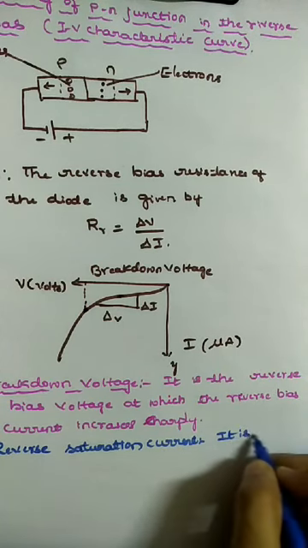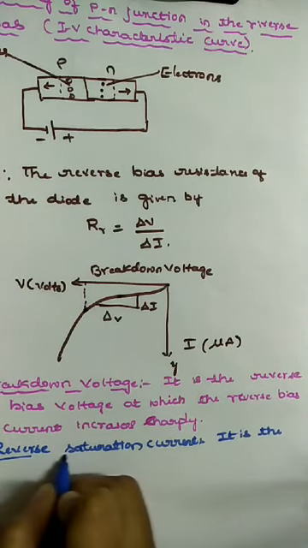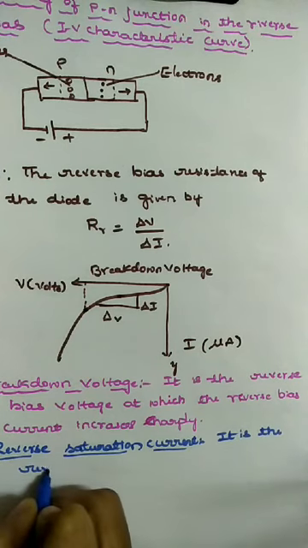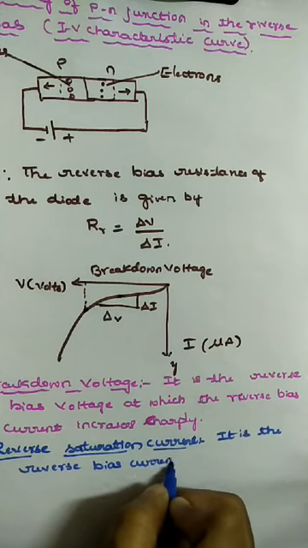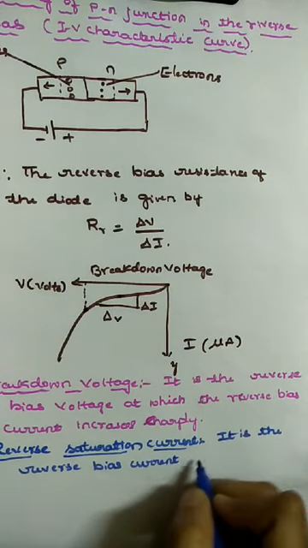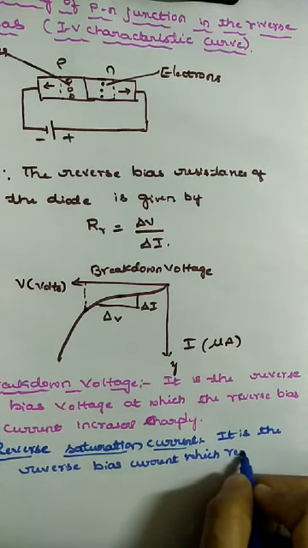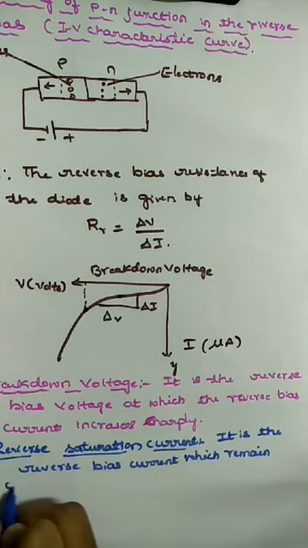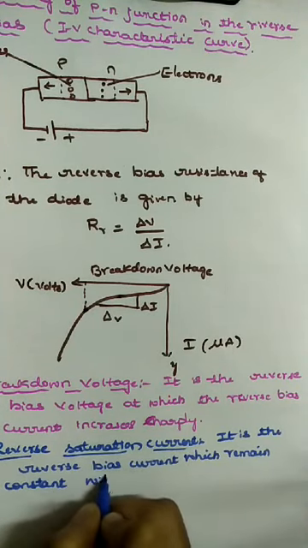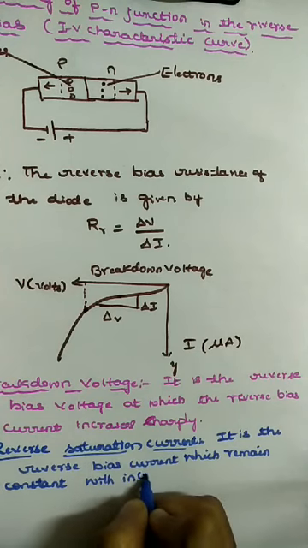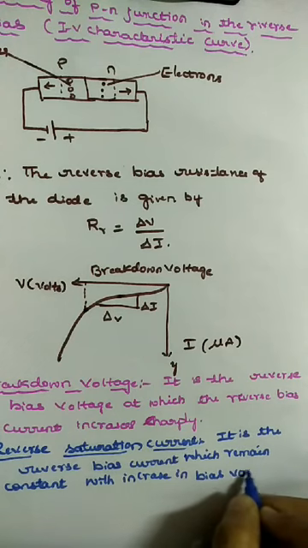It is the reverse bias current which remains constant with increase in bias voltage.